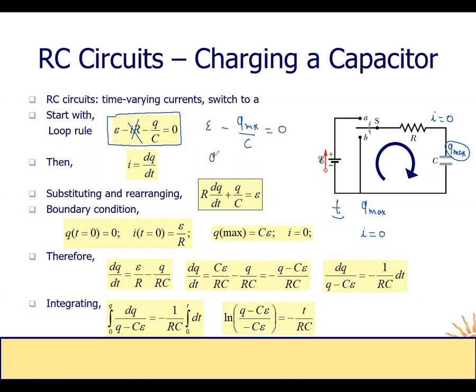So in this case, Q max equals C times E. This is the condition at the time t where we have a maximum Q and zero current, and this condition is at initial time where we have Q equals 0 and I equals E divided by R.